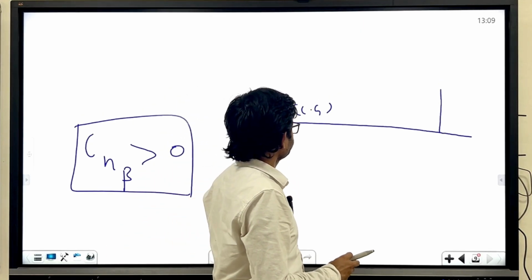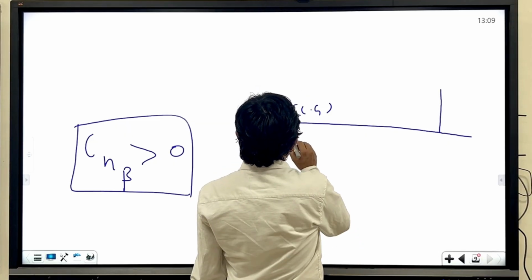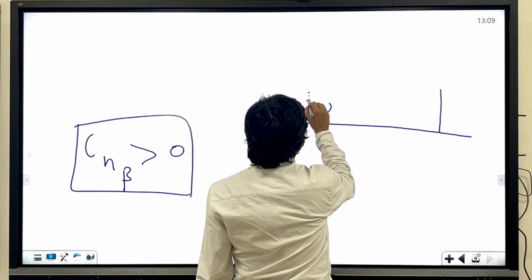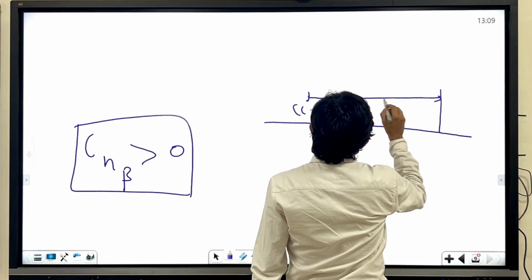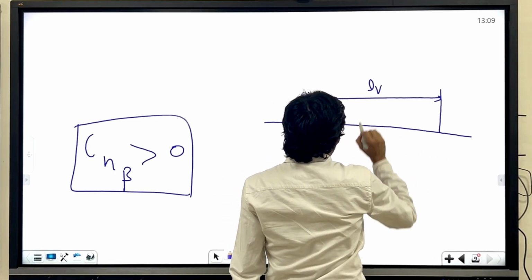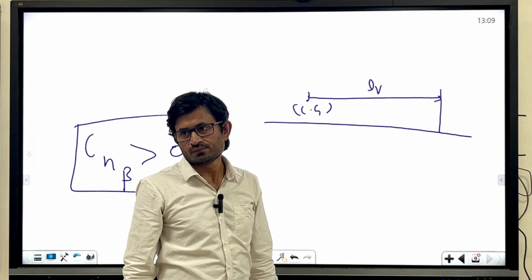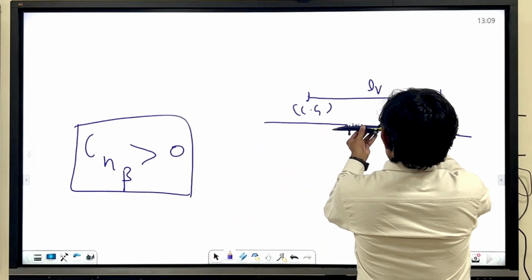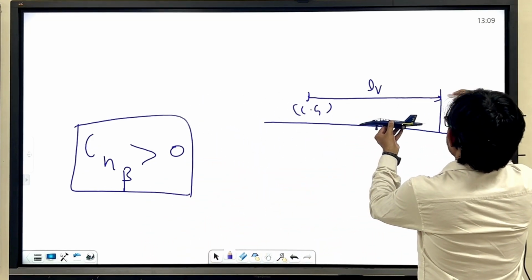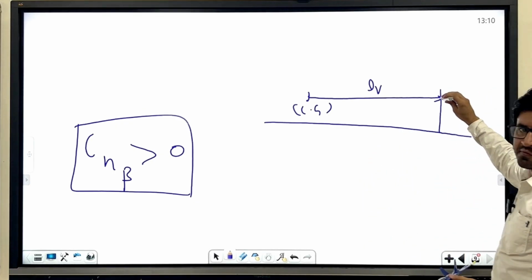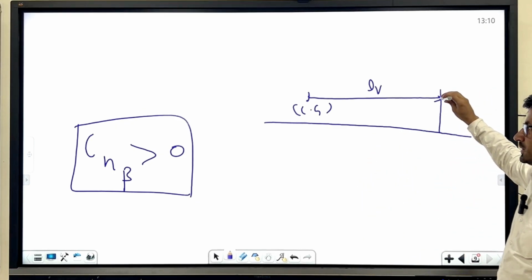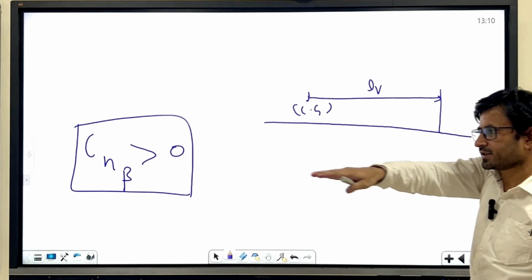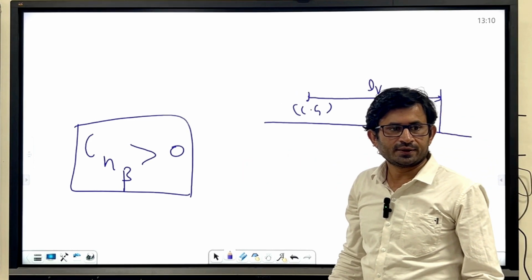I can write this distance as LV. If you put the aircraft here, your vertical force is this. That will try to rotate the aircraft in a positive yaw direction.